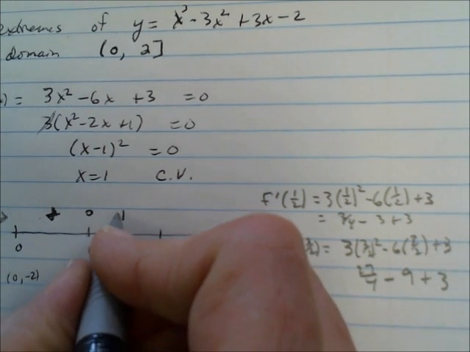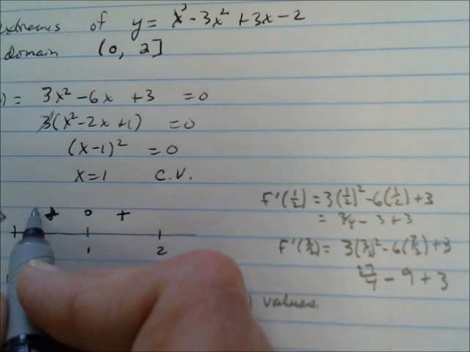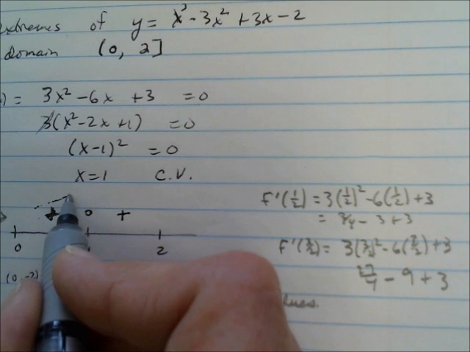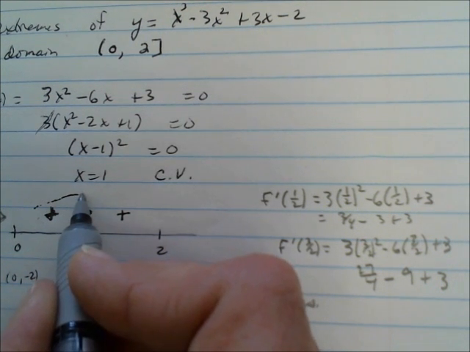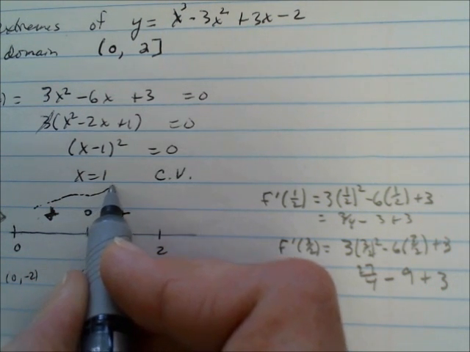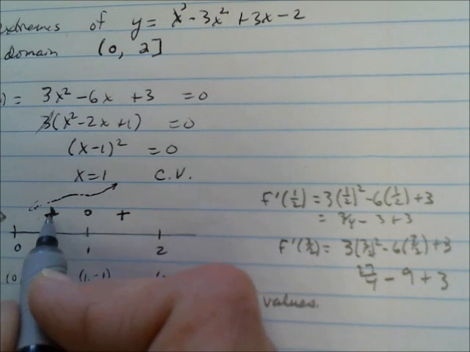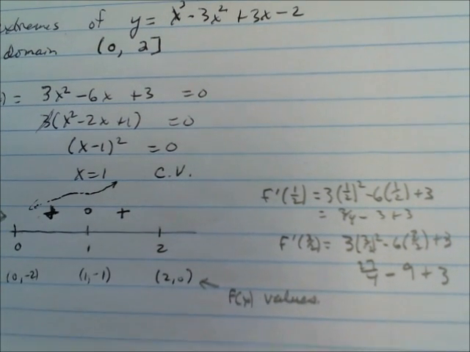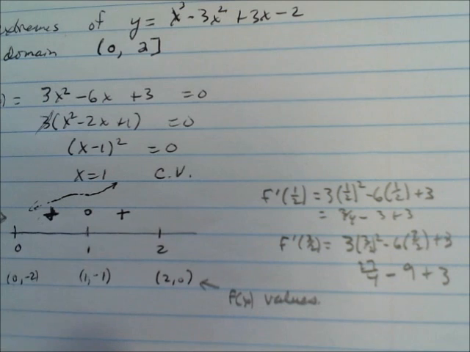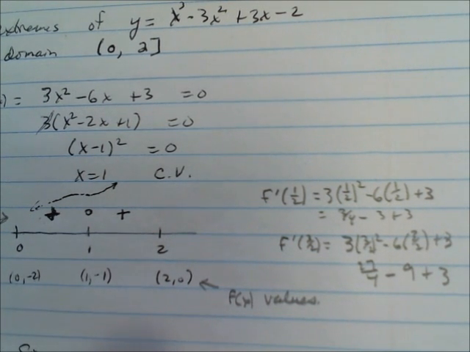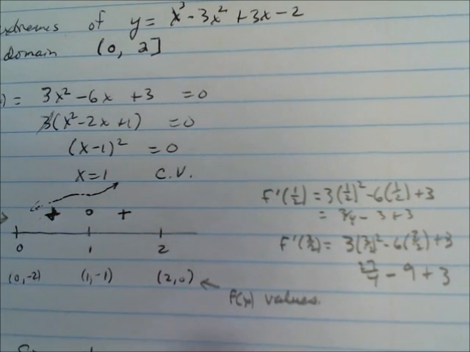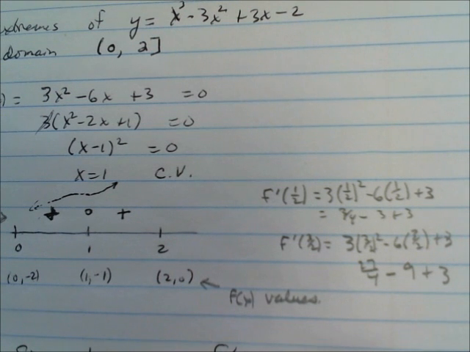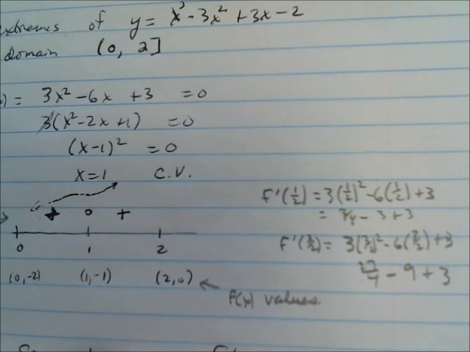So our sign table shows that this graph is going to go up, and then it's going to hit x equals 1 and it's going to flatten out, but then it's going to continue to go up again. What we have is no sign change on the f prime of x sign table.